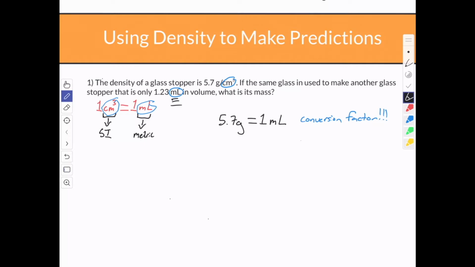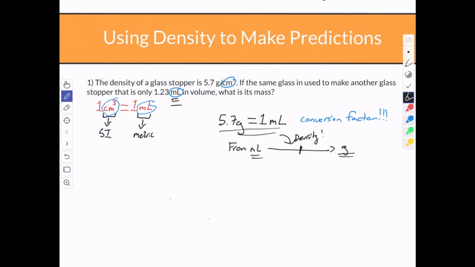So I'm converting from milliliters to grams, and this is our conversion factor, the density. It's that simple.